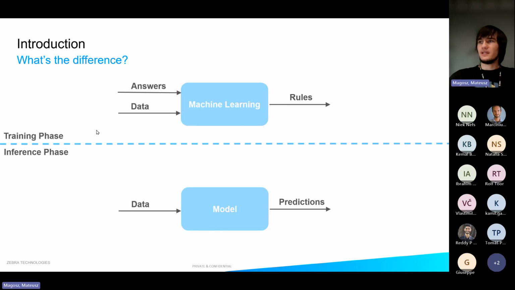After that, in the inference phase, so basically during the use of your model, during program execution, you use images once again, but the model already knows the answers, has the rules, and it's giving you predictions. That's an important part. It's not always 100% sure.